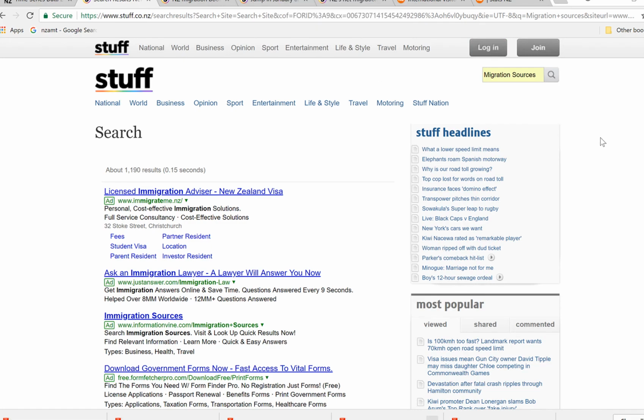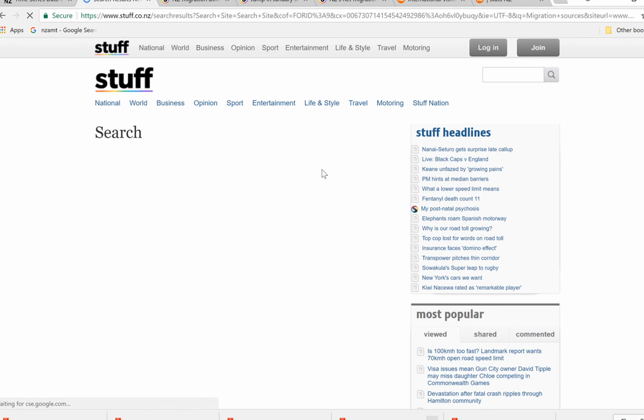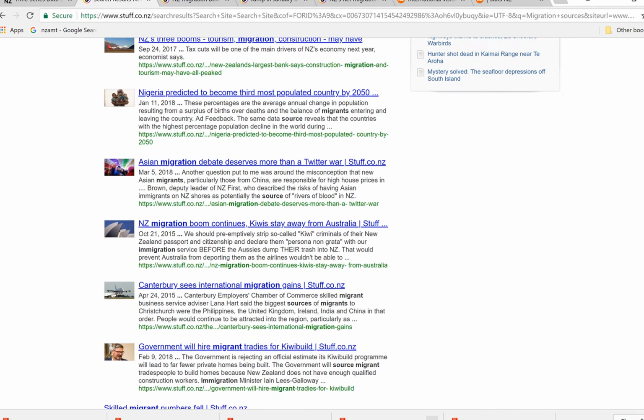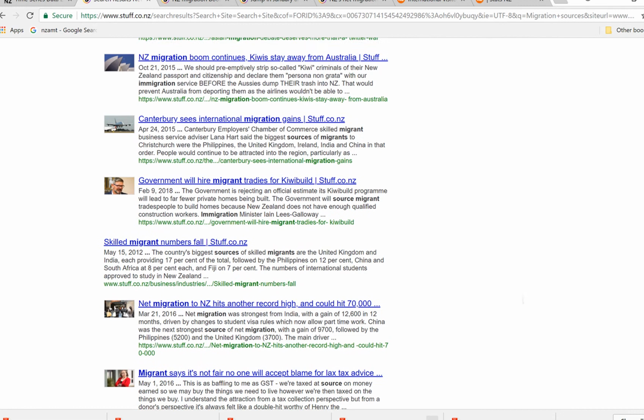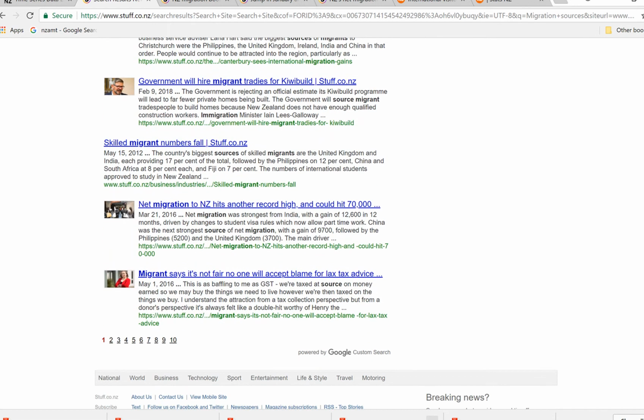So another place to look also is the stuff.co.nz website, which has news articles from different sources of news in New Zealand. I just typed in a search for migration sources and then scrolled down, and I basically checked out quite a few of these.